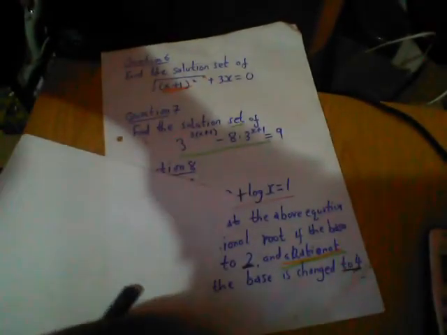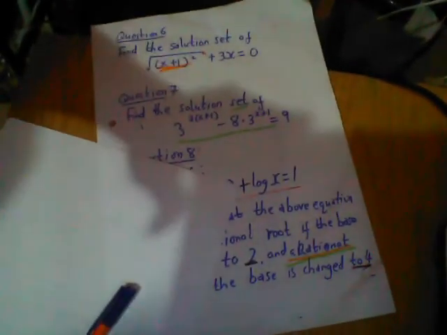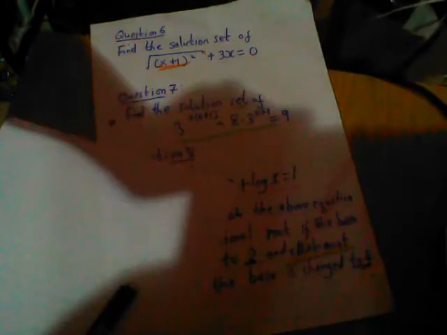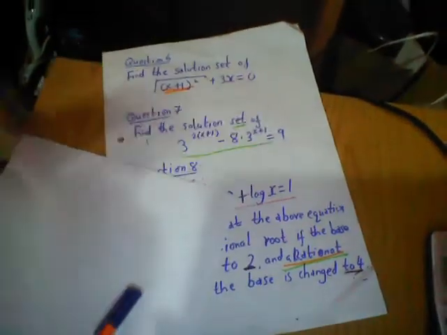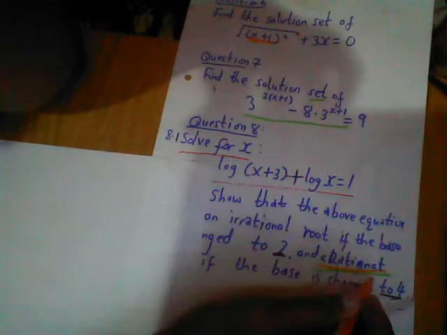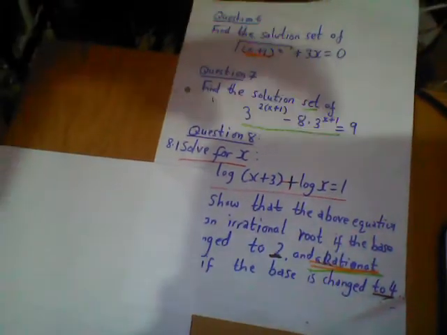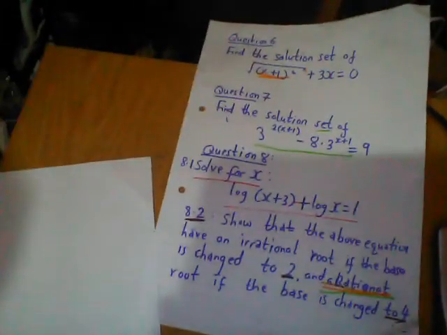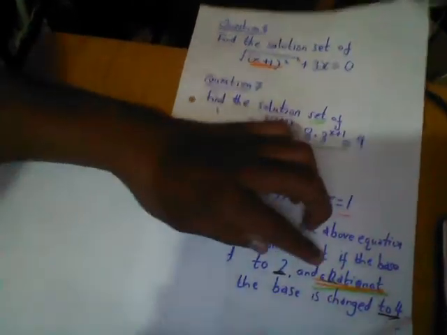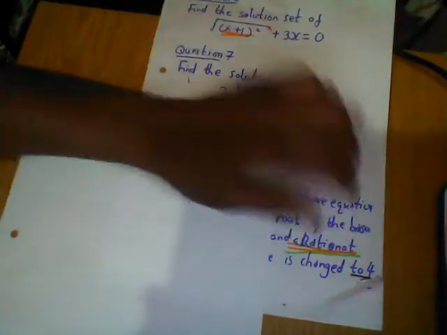Everything's going to be the same, but the base changes. They say the answer is going to be rational, according to the question. If the base is equal to 4, let's put base 4 and see if it's true.